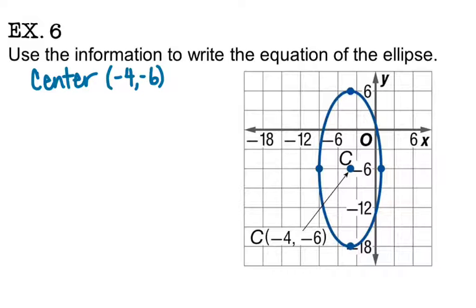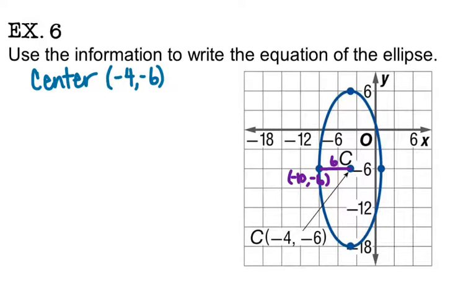If I want to look at the distance from the center to the point on the left-hand side, that point on the left is located at (-10, -6). I need to know how much space is between the center and that point. Since our center is at (-4, -6), there has to be 6 spaces in between those.